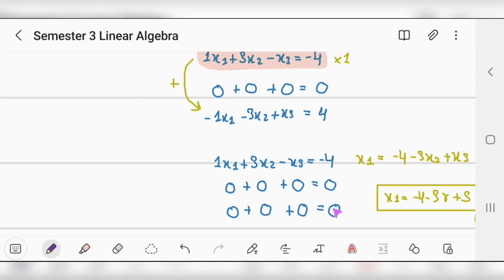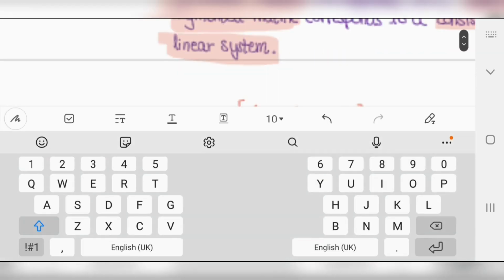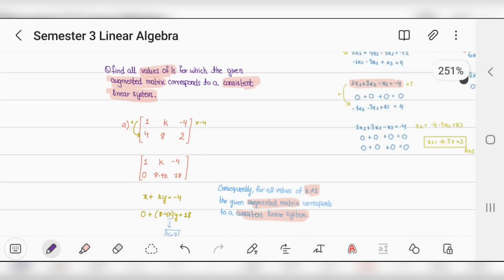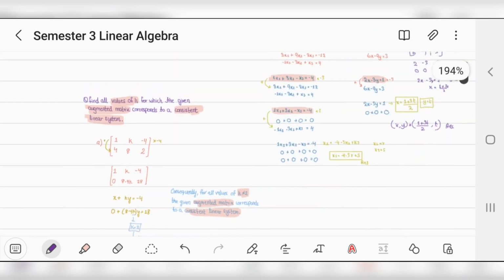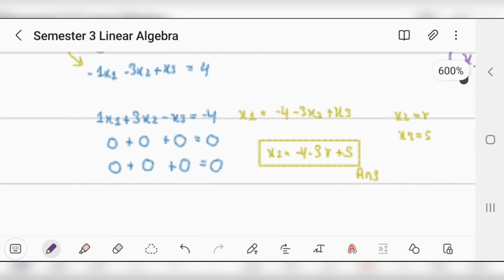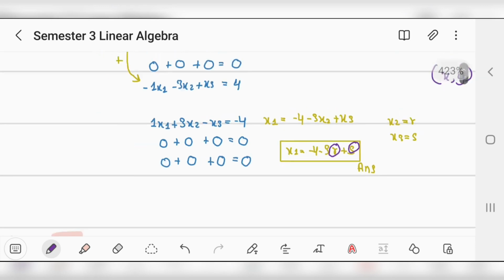Even if we have one 0 row, it would still be infinitely many solutions. So we will make x1 the subject, and we assign parametric variables to x2 and x3. So x1 is the subject, x2 is r, x3 is s. We put these, and we got the answer.